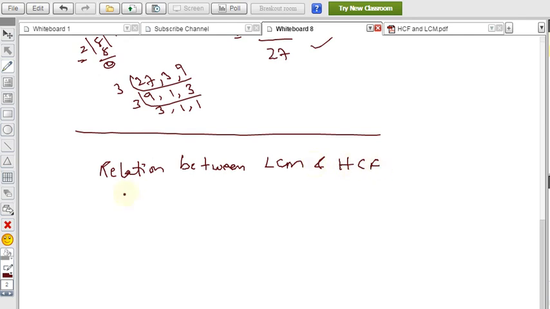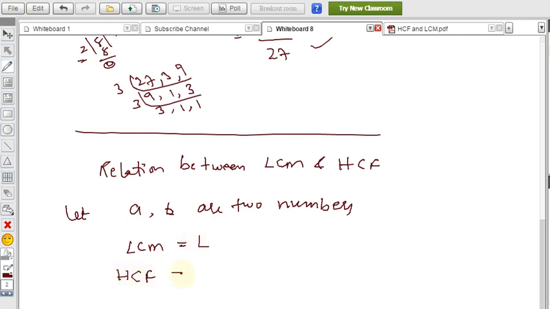The product of two numbers. For example, A, B are two numbers, and their LCM is, let us take L, and HCF is H. Then the product of the two numbers is equal to HCF into LCM.